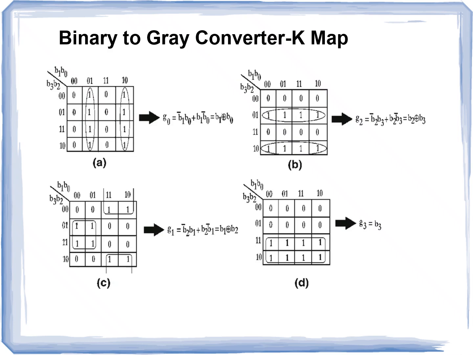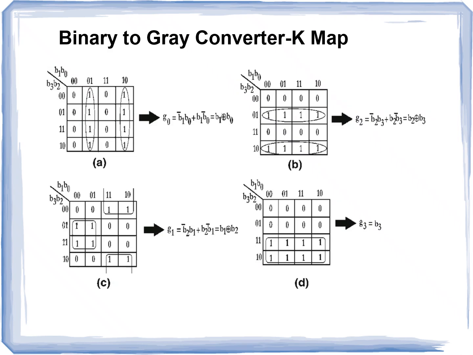Next, we are going to form the K-map. For G0, we form the K-map, and the value is B1 exclusive OR B0. Next, for G2, we form the K-map, and the output is B2 exclusive OR B3.